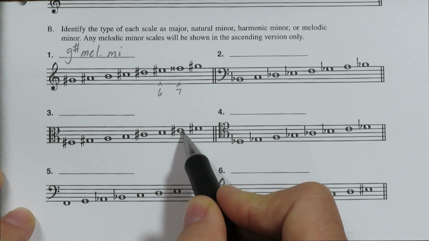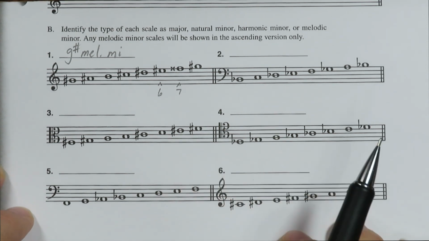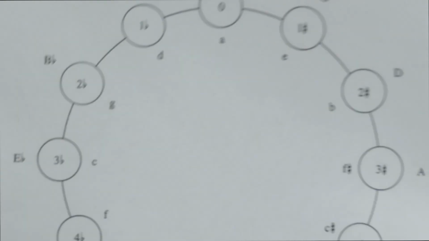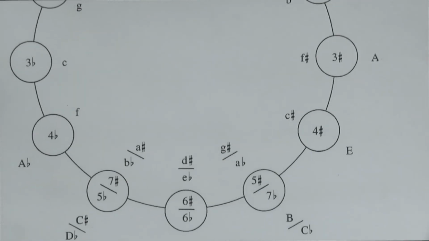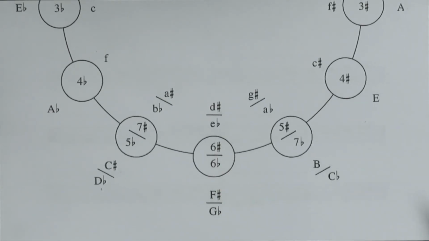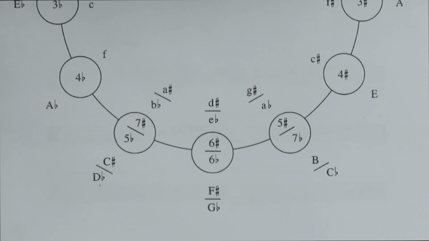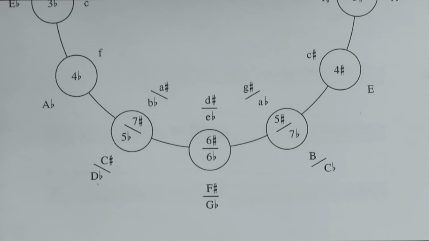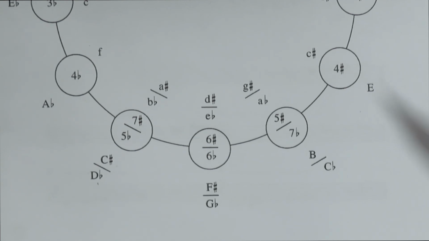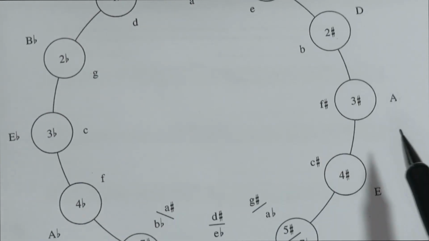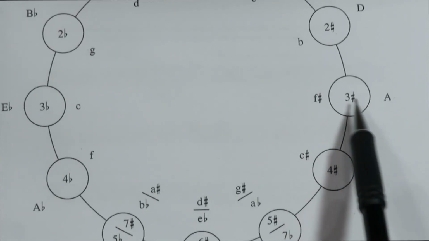Okay. Let's see the F sharp major and compare it with the minor. So the F sharp major has 6 sharps. So we know it can't be that. Now, the F sharp minor is relative to the A major, which has 3 sharps.